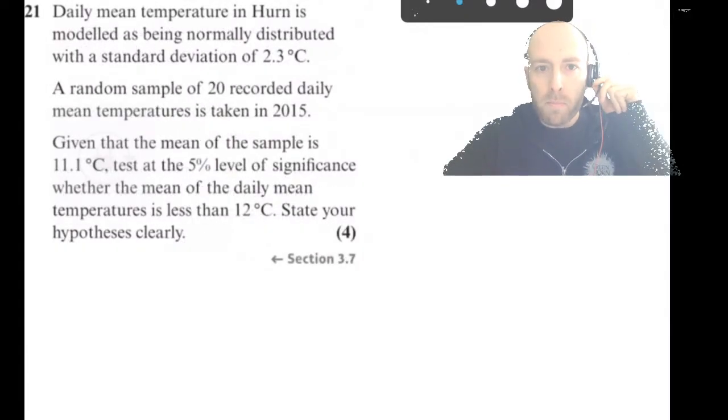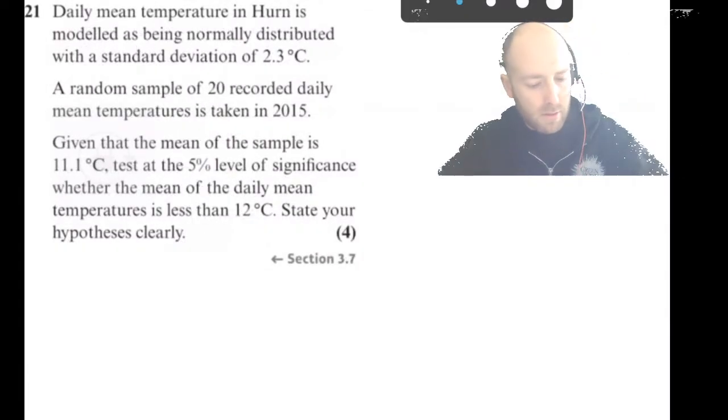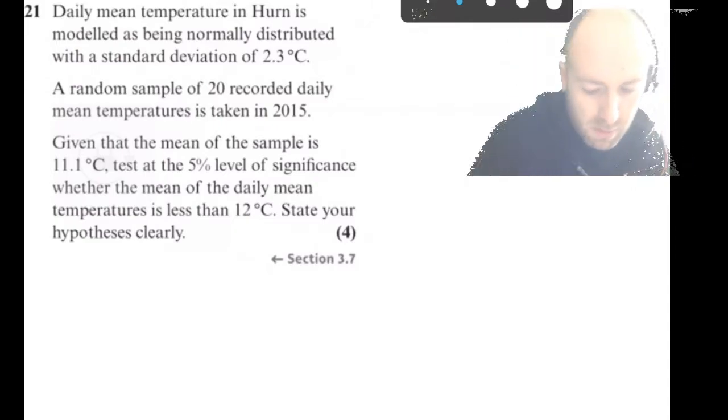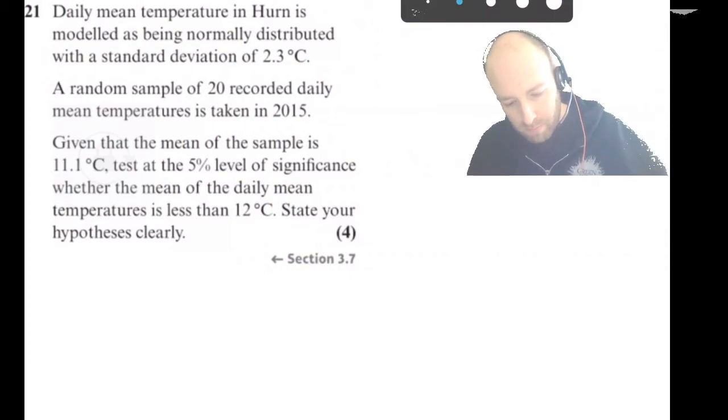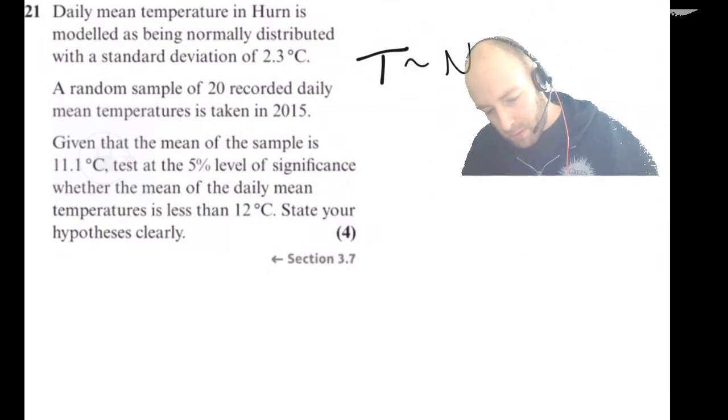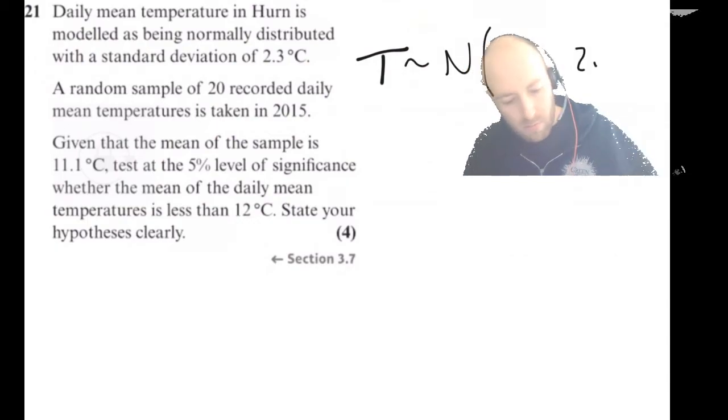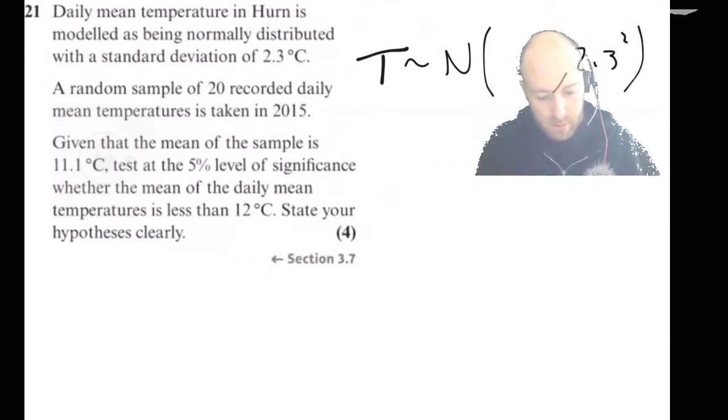Cool. Right, guys. Hopefully you found that okay. Let's go through it. So daily mean temperature, standard deviation 2.3. So let's call it T for temperature. T is normal. 2.3 is our standard deviation, and the mean, if we read down, is going to be 12.